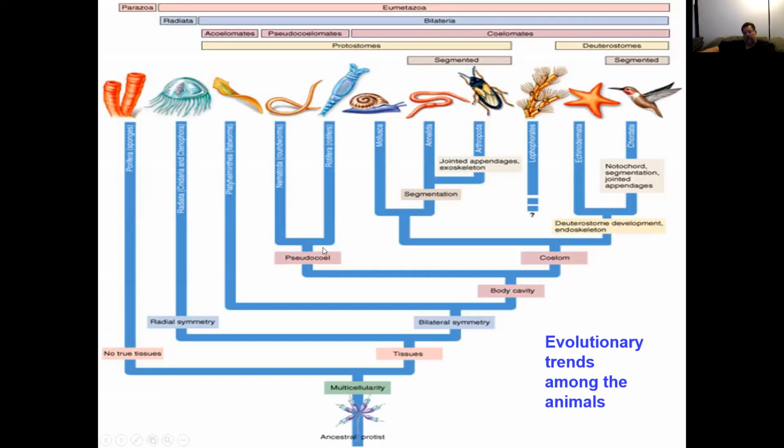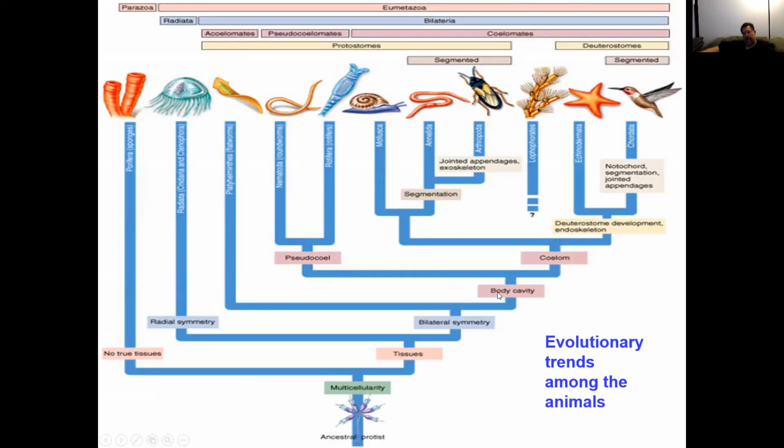And so the pseudocoelomates include these things like these worms here. And there's lots of different worms because we have the earthworms over here, and over here are the nematodes. And then we have these rotifers. And so those are animals that have what they call a pseudocoel. While the flatworms over here, platyhelminths, are acoelomates, so they don't have those coeloms, they don't have those body cavities.